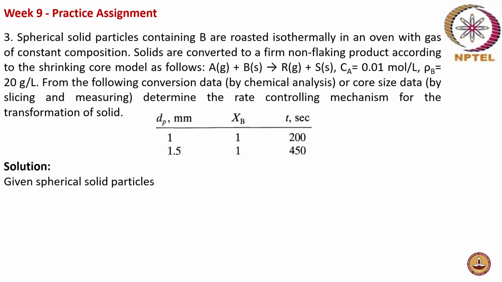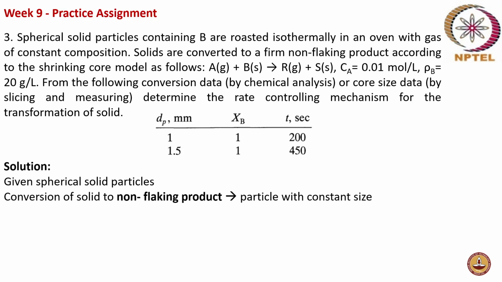First of all, they have given spherical solid particles. So conversion of solid to non-flaking product. So they have given non-flaking product. That means particle with constant size. Only the unreacted core is going to shrink, whereas the particle size is going to remain constant.